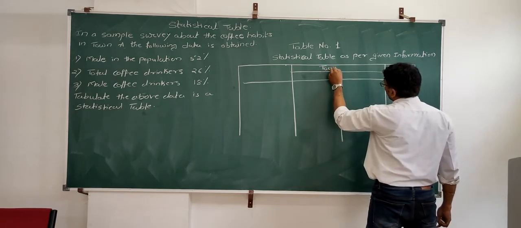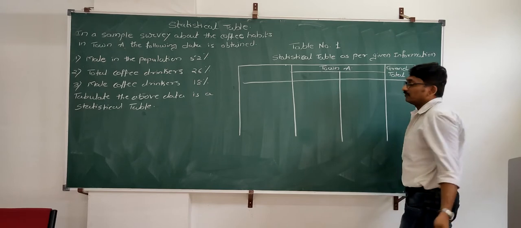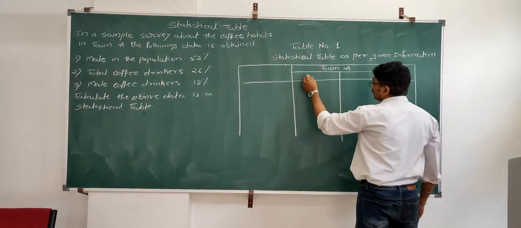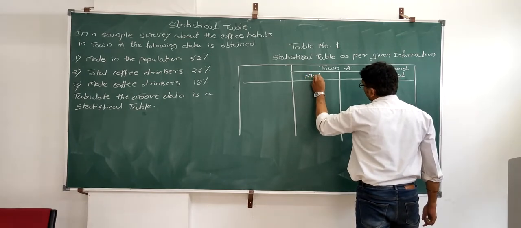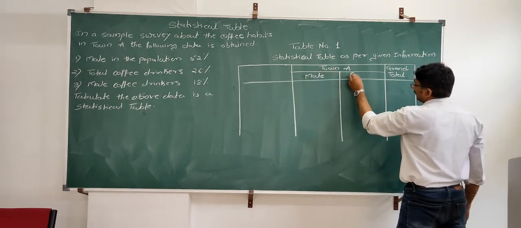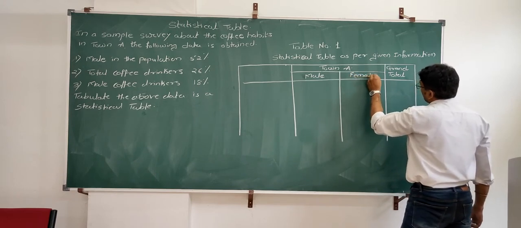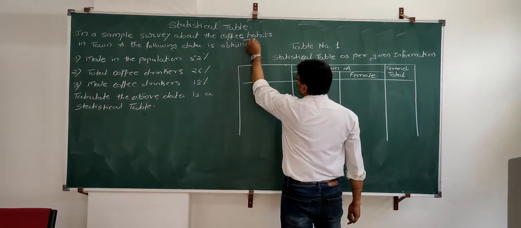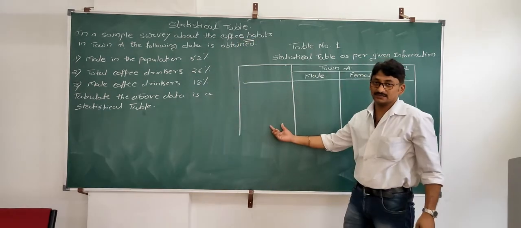Here it is town name. Because the information is related to town name, so I will write town name. They have given the information related to male. So in the first column here I will write male. There are some male, means there must be some female. And this information is related to coffee drinkers. That I will take over here.